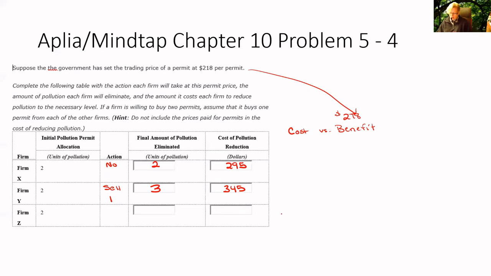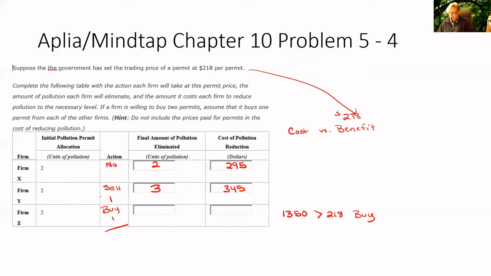Okay, so their cost of reducing is $13.50 for 2 units of pollution, so $13.50. And the benefit that they get is $218. Because $350 is greater than $218, they're going to want to buy a permit. So they're going to buy 1.